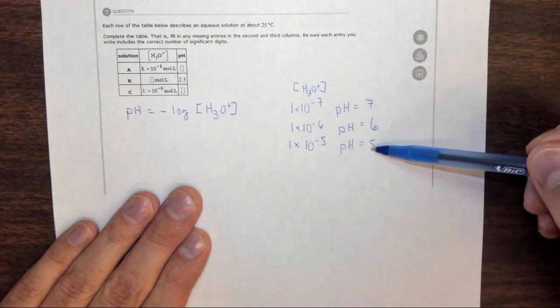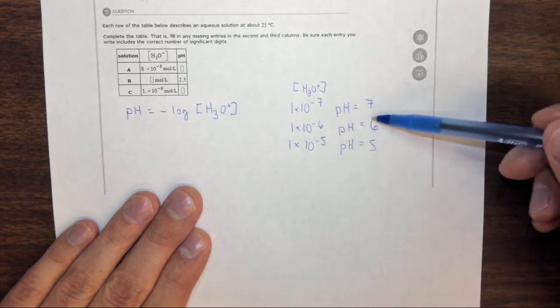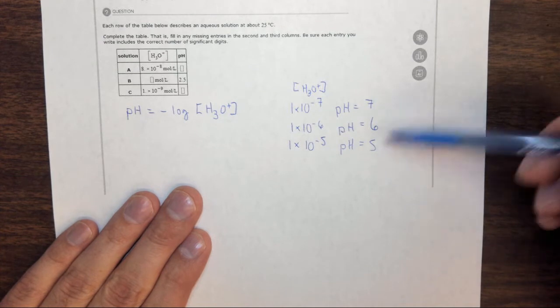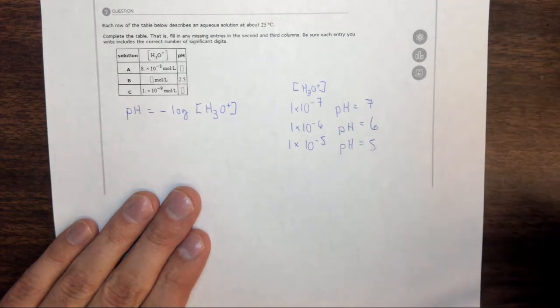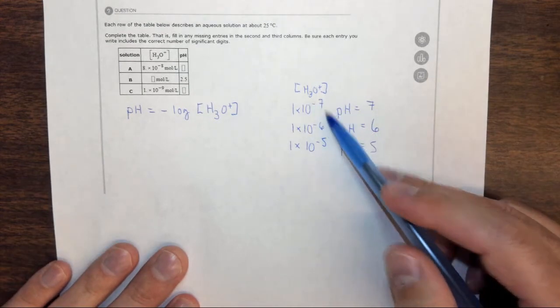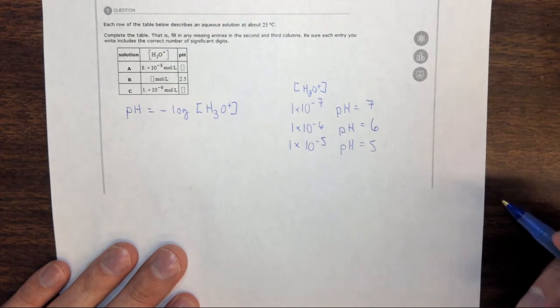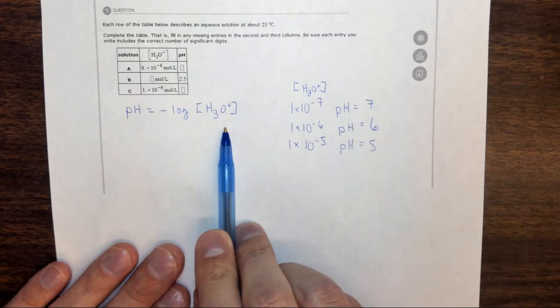Notice that this is 100 times more concentrated than this. And if you went down to pH 4, it'd be 1,000, then 10,000, and so on. So on the pH scale, essentially, we're looking at the exponent instead of the actual number because it's log base 10. And this is how we actually calculate it.